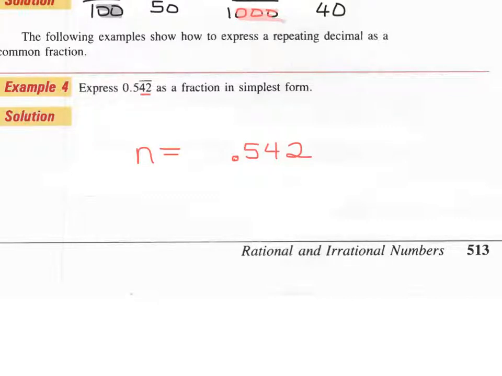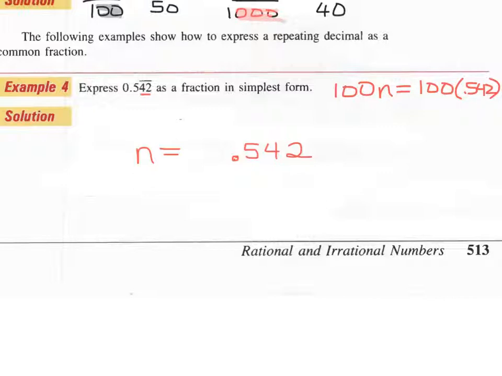So up above here, I'm going to write 100n, since I'm going to multiply both sides by 100. I'm also going to do the top, so 100n equals 100 times 0.542.